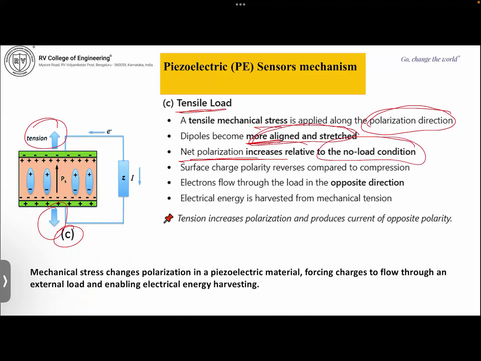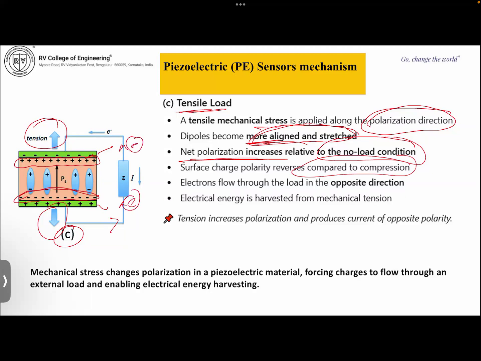As a result, the positive charge increases here and the negative charge increases on this side. But the charges on the metal are not equal to that. So to balance that, the surface charge polarity reverses compared to compression. So therefore, the charges start moving in the opposite direction.